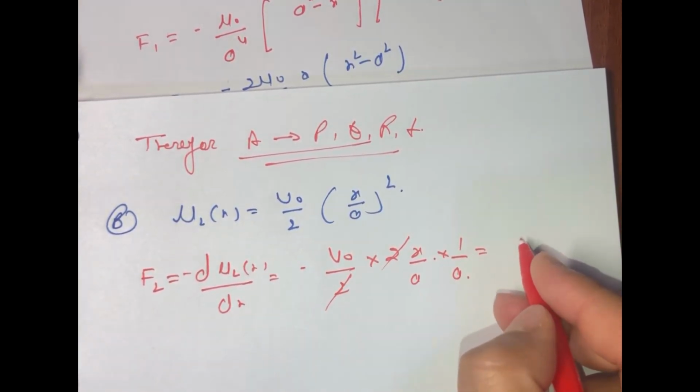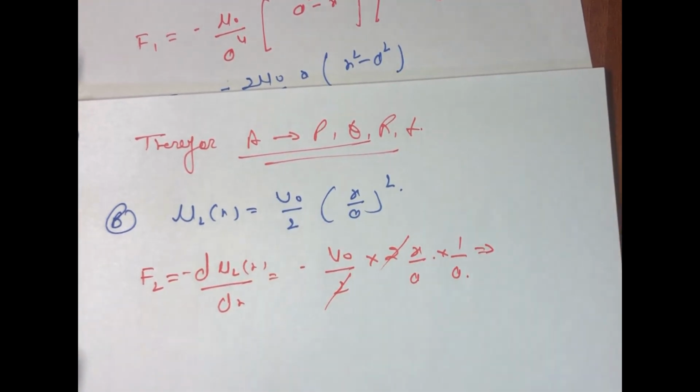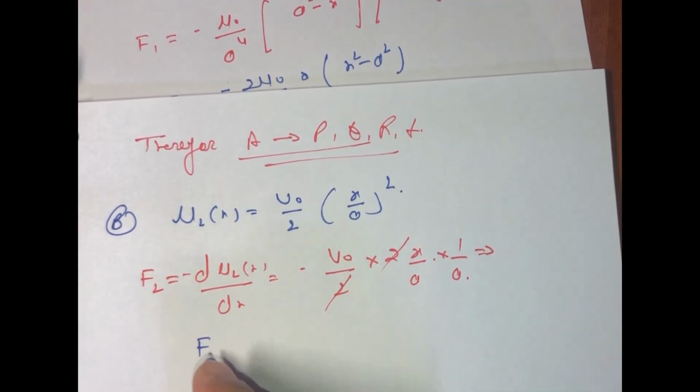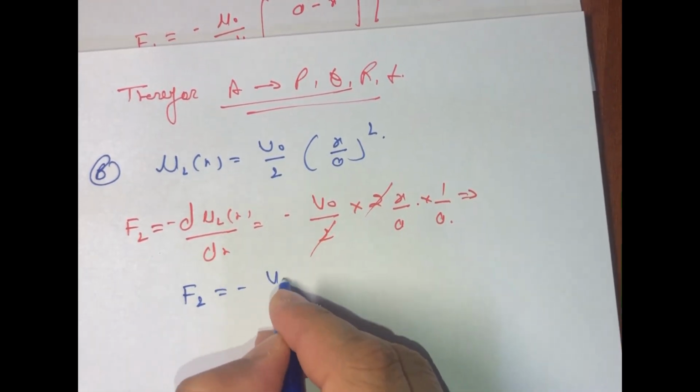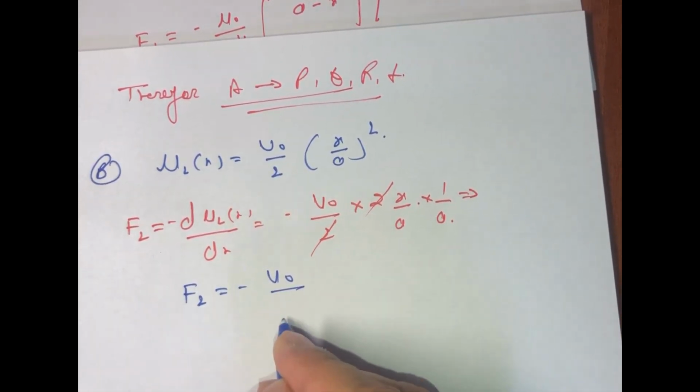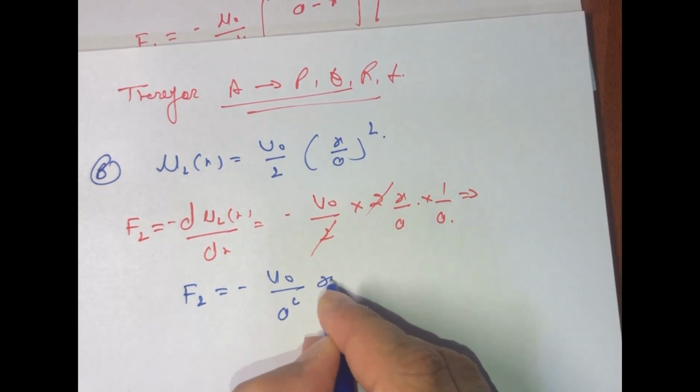We get that F2 is equal to minus U0 upon a square into x.